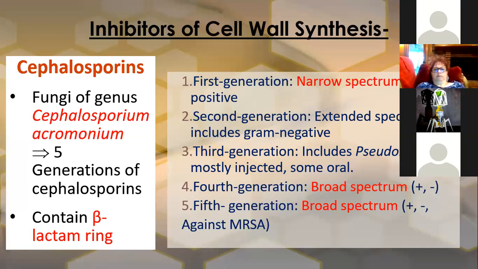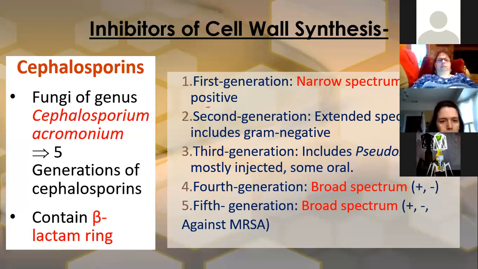So next antibiotic, cephalosporin. We get cephalosporin from the fungi Cephalosporium acremonium. We have 5 generations of cephalosporin; we modified it 4 or 5 times. First generation was narrow spectrum, only active against gram-positive bacteria. Second generation, we made it extended spectrum, meaning with gram-positive we added gram-negative bacteria.